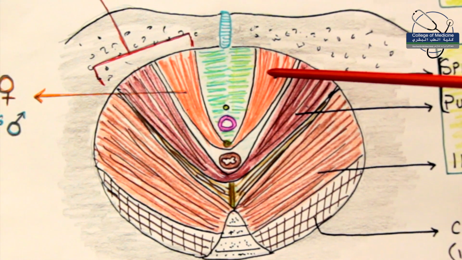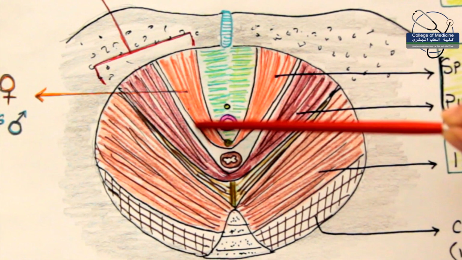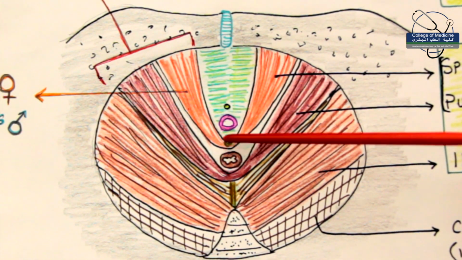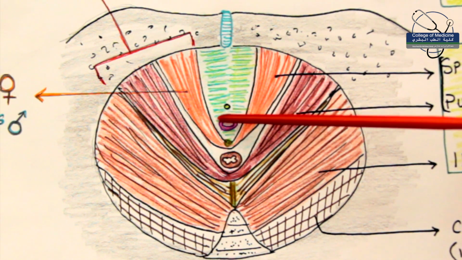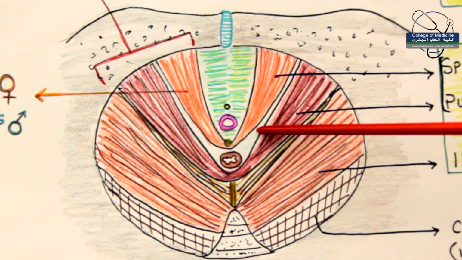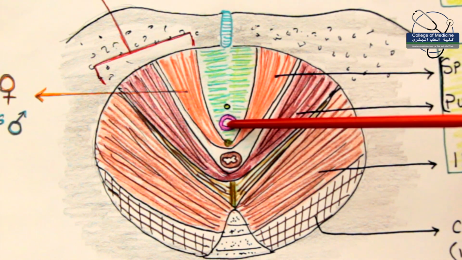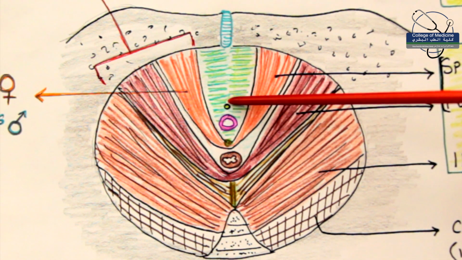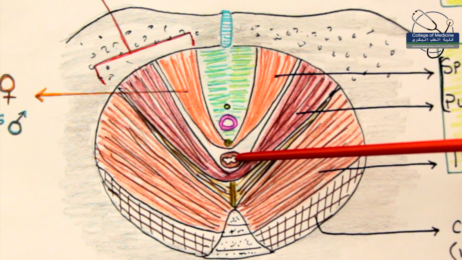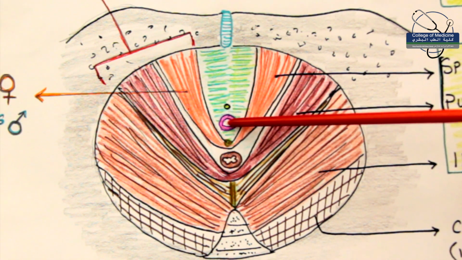So on either side, the right and left bands are inserting into the perineal body behind, because this is a section through a female pelvic floor. So you can see this is the opening for the vagina, and this is the urethral opening, and this is the anal opening. And you know that in males, there is no vaginal opening.